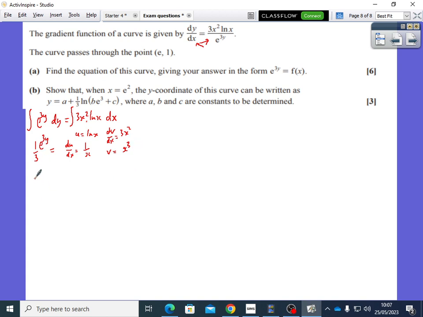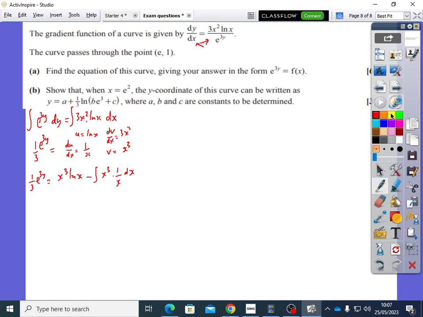Now, I've still got 1/3 on this side, so that's 1/3 e to the 3y. And on this side, you're going to get uv, so that times that, which is going to give me x cubed ln of x, minus the integral of v du, v, which is x cubed, du, which is 1 over x, times dx. Now let's use a different color pen because I'm doing a bit of cancellation here.